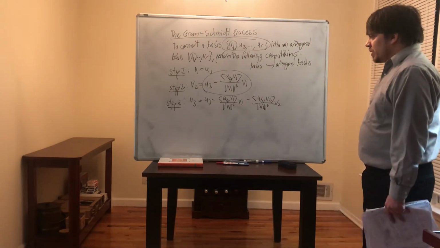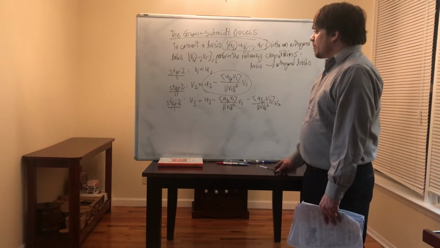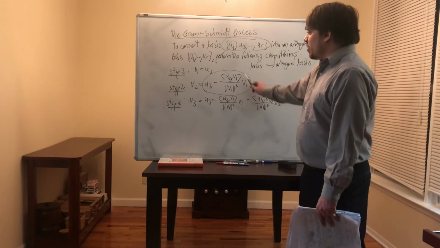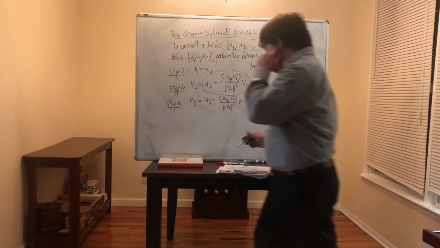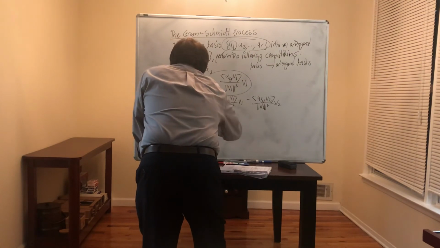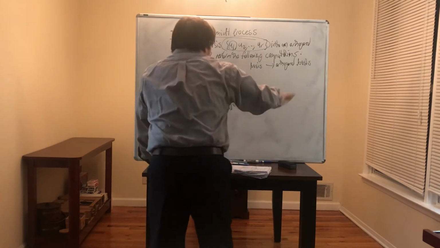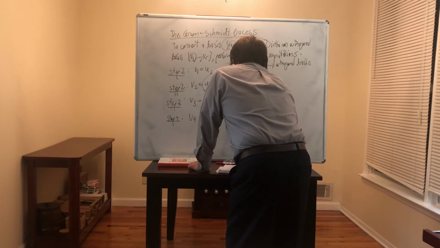And so that's v3. All we did was, for v2, I'm just subtracting one complicated term. For v3, I'm going to subtract two complicated terms. In step 4, I'm going to take v4, and it's going to be u4 minus a subtraction of three weird terms.